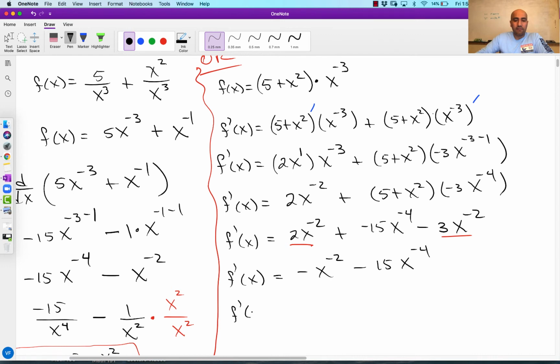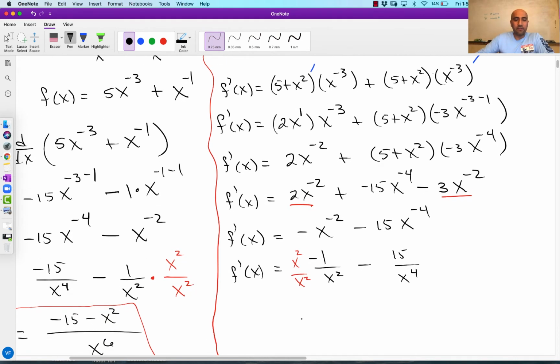This becomes f prime of x equals minus 1 over x squared minus 15 over x to the fourth. Again, we get a nice common denominator of x squared over x squared, which then gives me x squared minus 15. So this becomes f prime of x equals minus x squared minus 15 all over x to the fourth power.